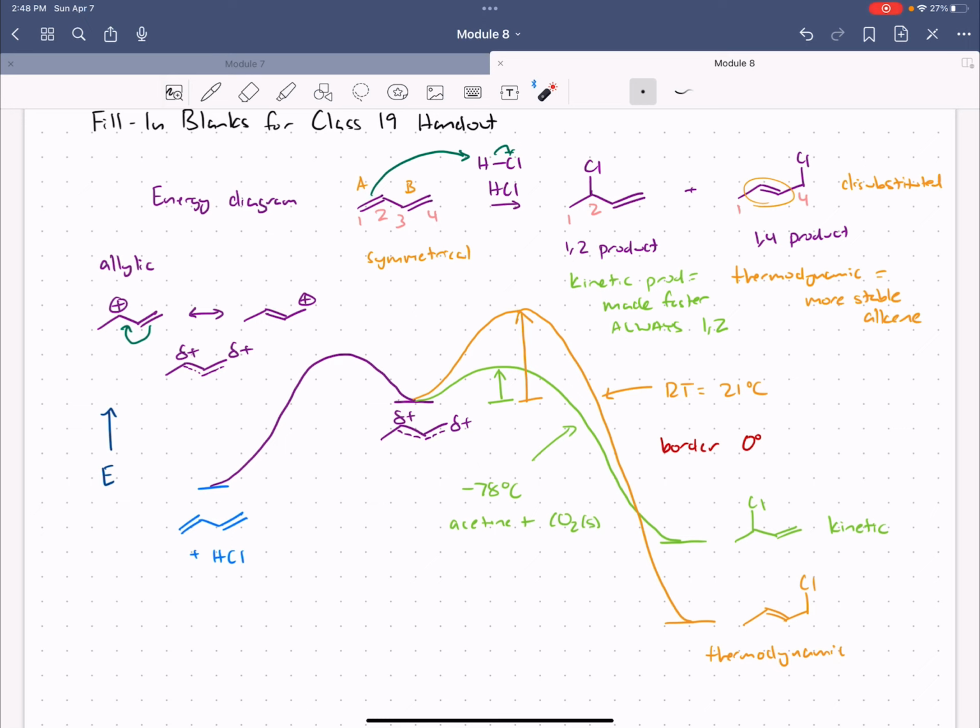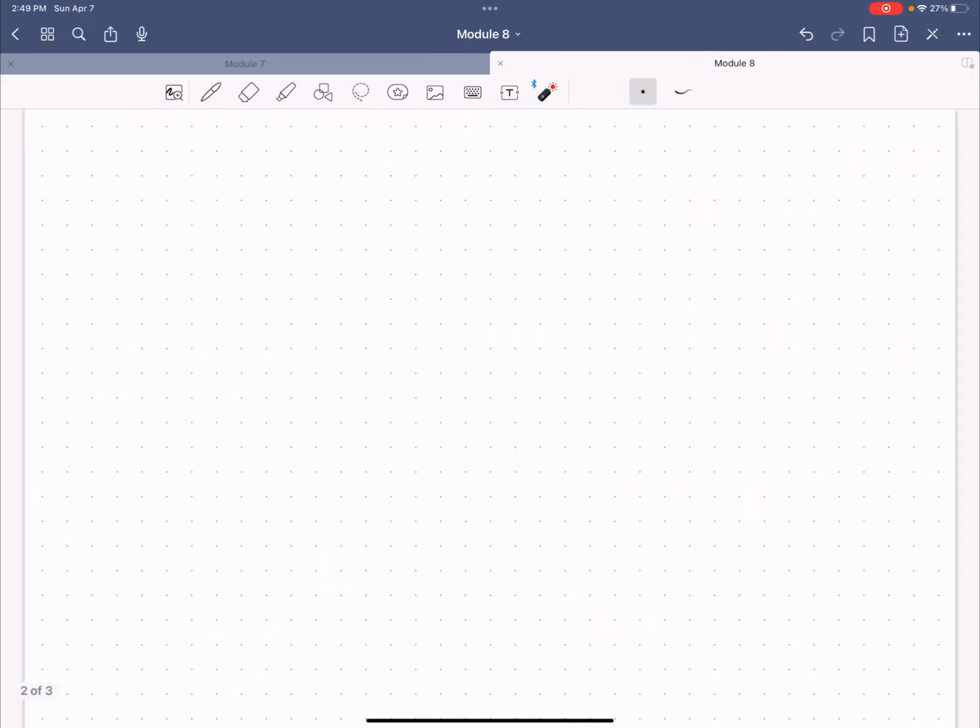Next is page 5, where we look at the top symmetrical conjugated dienes. I did leave some blank, so let me take care of that. This is in the box. Okay, so we could practice. Or, if you haven't done this yet, go ahead and do it on your own.